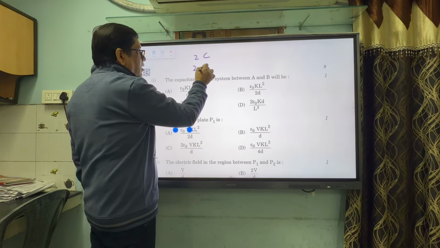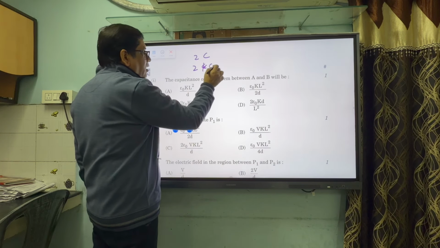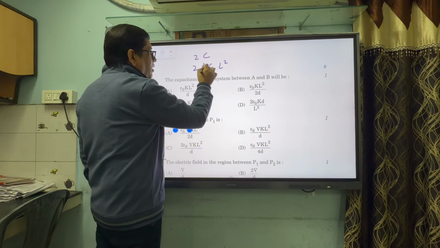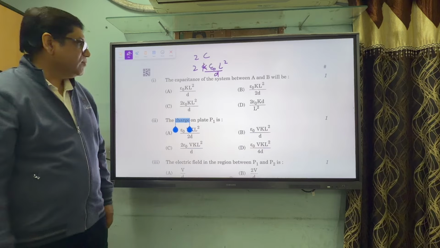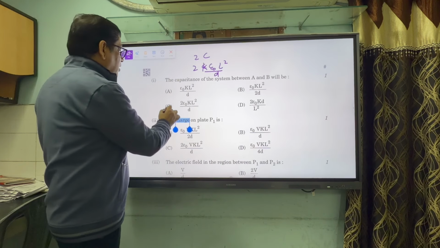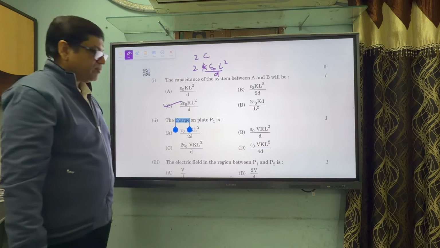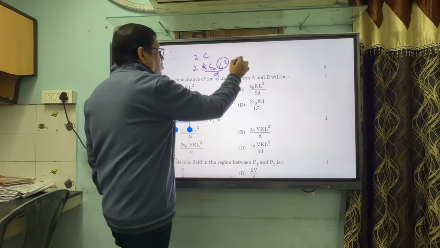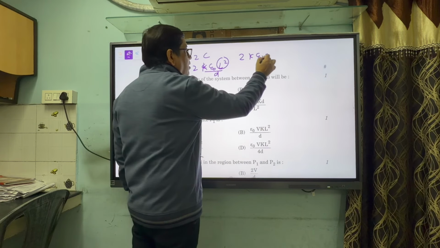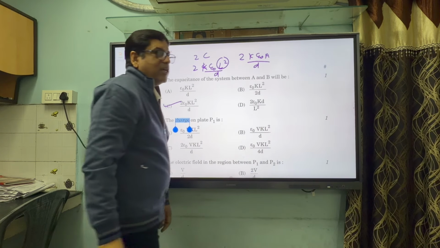So 2 times K epsilon naught area. Area is length square, plates are square, divided by distance D. So this will be the capacity. So answer will be C part. अगर ये नहीं किया तो हम ऐसे लिखते हैं 2K epsilon naught A by D. एरिया दिया हुआ है, स्क्वायर प्लेट्स हैं.